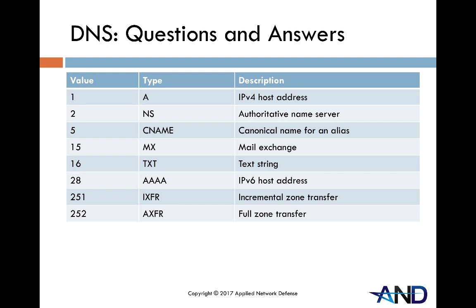We'll talk about those here in a minute, but zone transfers basically allow one DNS server to transfer all of its records or part of them to another server, either full or incremental zone transfers. Those are instances where we might see DNS occur over TCP, whereas it regularly occurs over UDP otherwise, minus a few other specific scenarios. But these are the more common question and answer types you'll see. We'll dig into a few of these next as we get into stimulus and response.